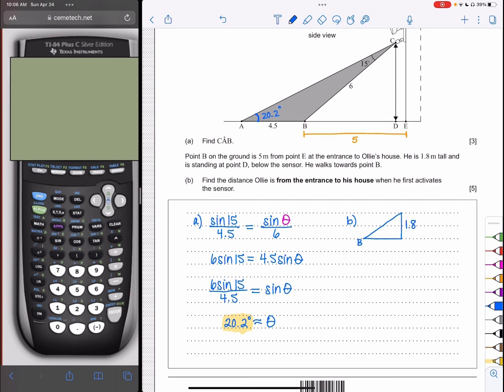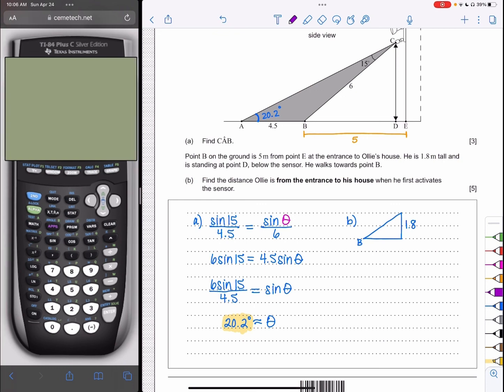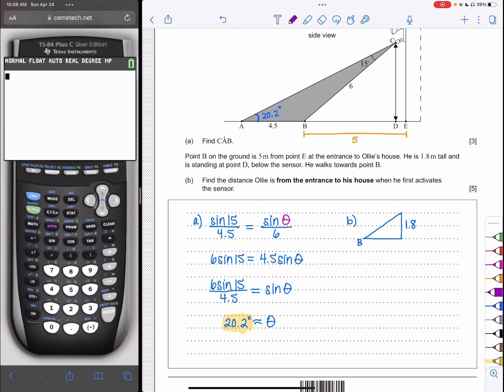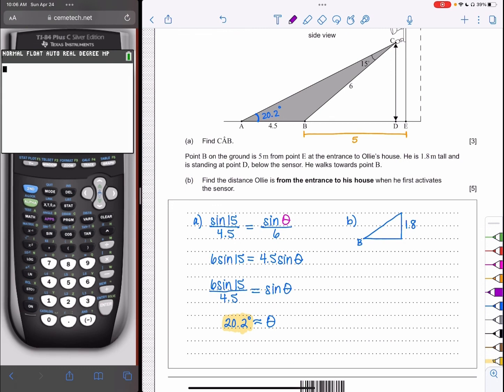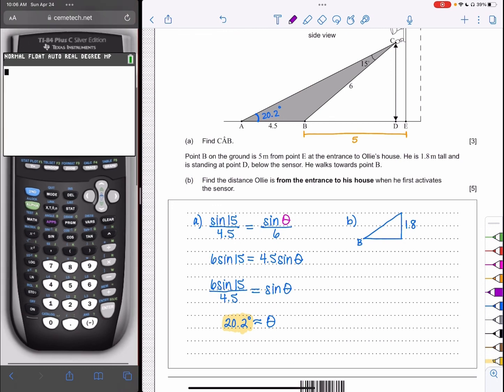And we can find the angle. One thing that we should be looking at is the fact that in this non-right triangle, if we subtract those two angles from 180, we should get the third angle. So if I do 180 subtract 20.2 minus 15, that's going to give me that this angle here in purple is 144.8 degrees.